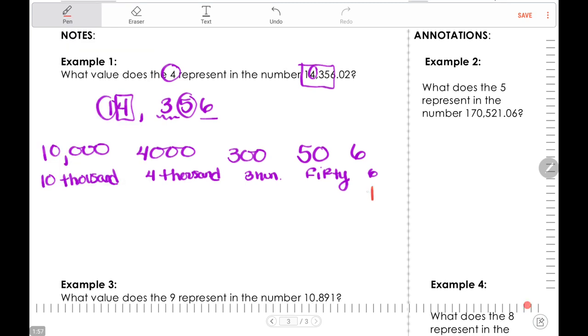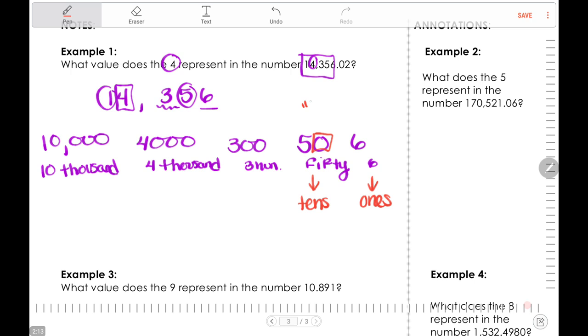So this is considered the ones because there's only one number with no zero. If you look here, there's no zero next to it like the other ones. This is considered the tens place because if you think about it, if I draw a 10, how many zeros does it have? It has 1 zero. This is considered the hundreds place because, again, if I write 100, how many zeros does it have? It has 2.